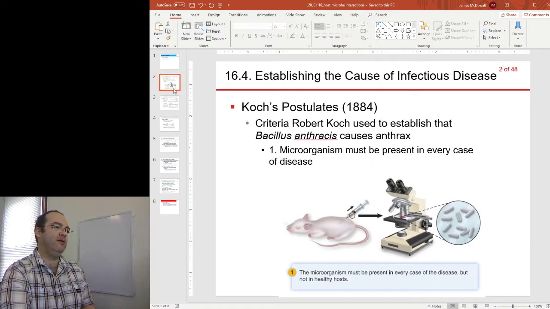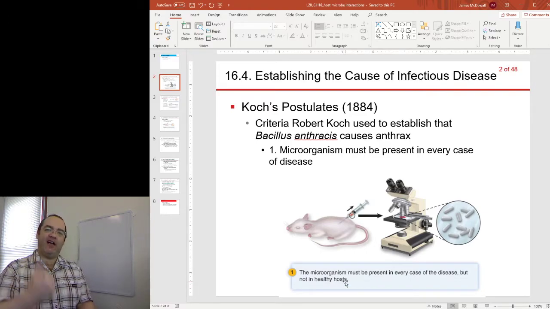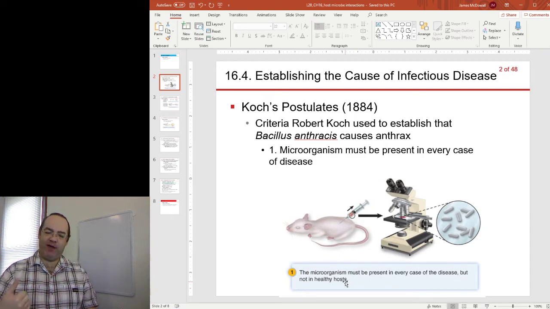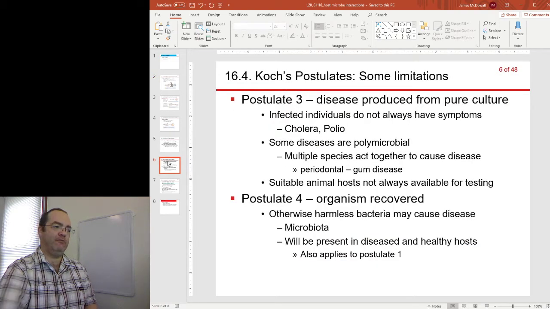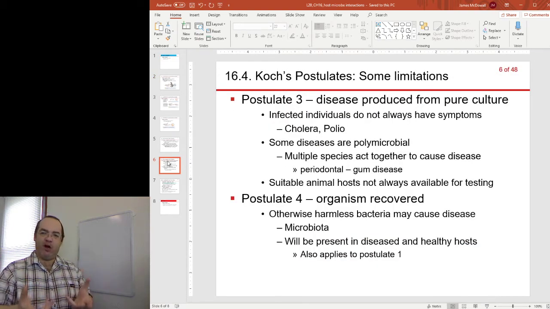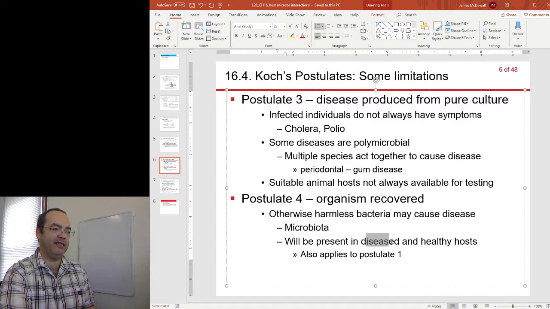Postulate number 1 was that the pathogen is present in the disease, but not in the healthy host. A healthy host can have that range of normal microbiota, and then in a few instances that microbiota can cause the disease. So you do have the microbe present both in diseased and in healthy hosts.